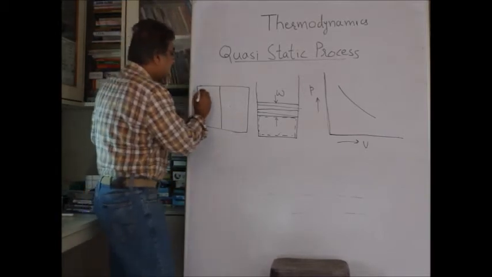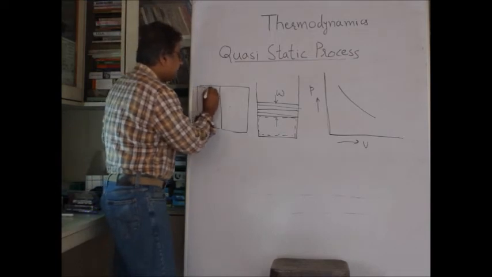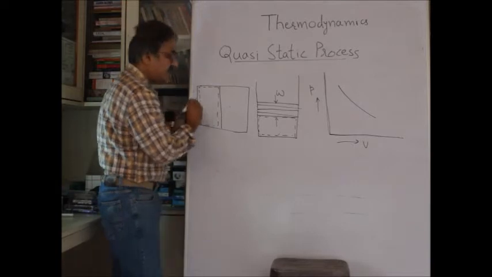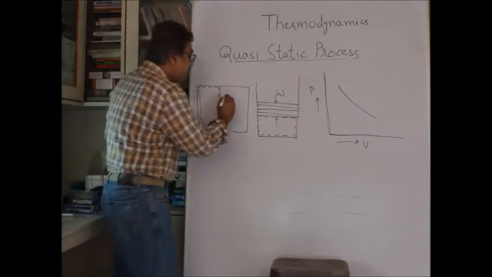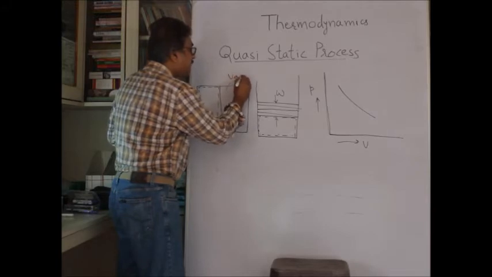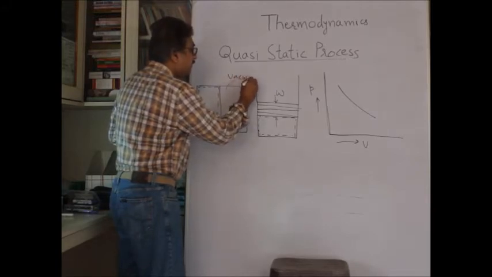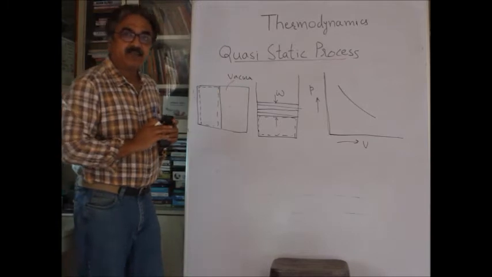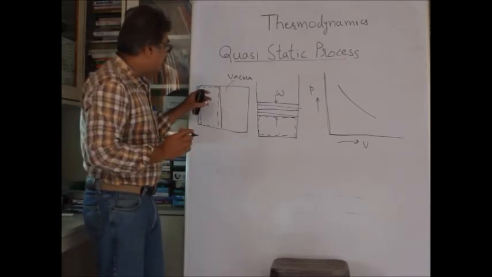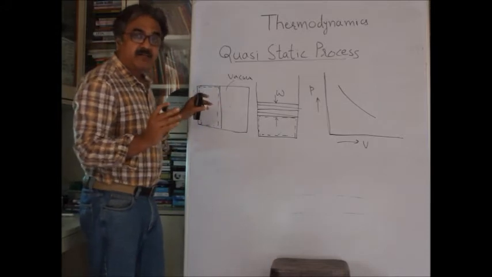Let's say that there is gas in this. I am showing the system boundary. This is gas and this is vacuum. This is vacuum, there is nothing inside. So the gas has some pressure, some temperature, etc.